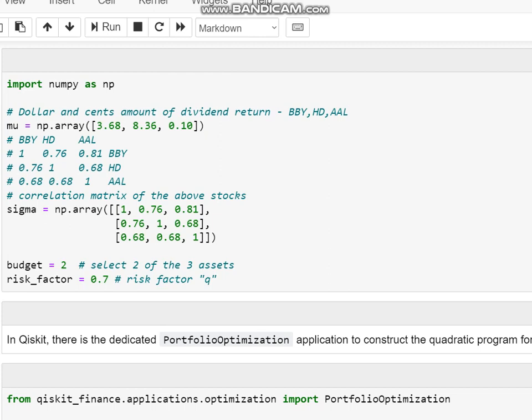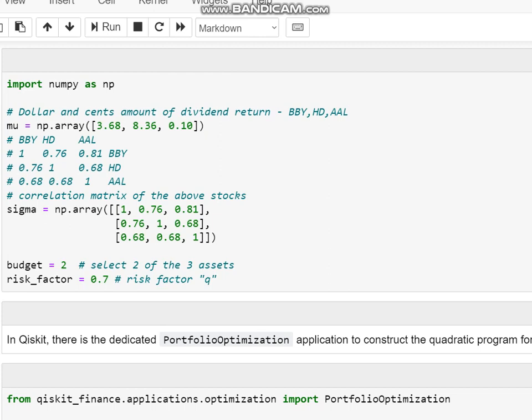AAL correlated to BBY is 81%, 0.81. So then you keep going, and of course they'll be the same. HD with BBY is 0.76, BBY with HD is 0.76.